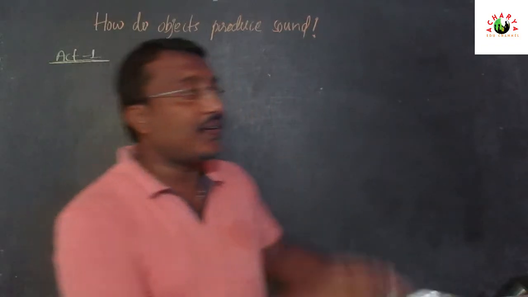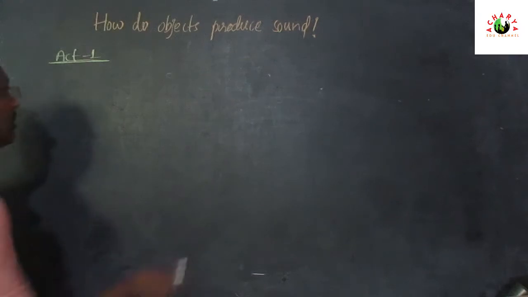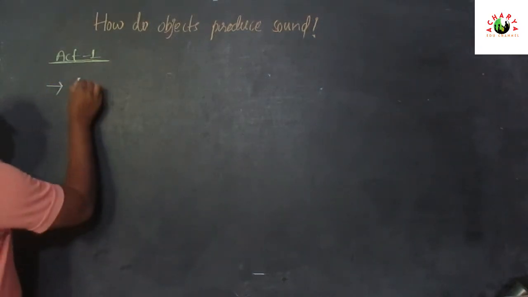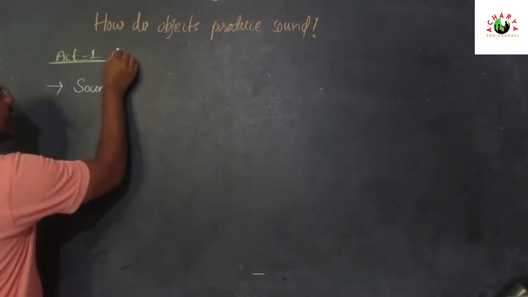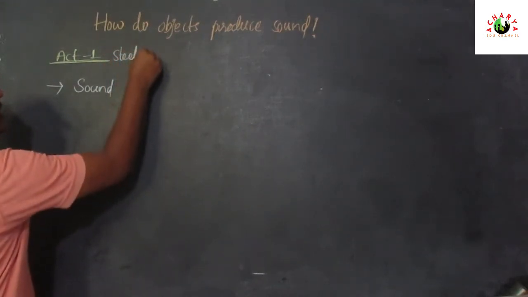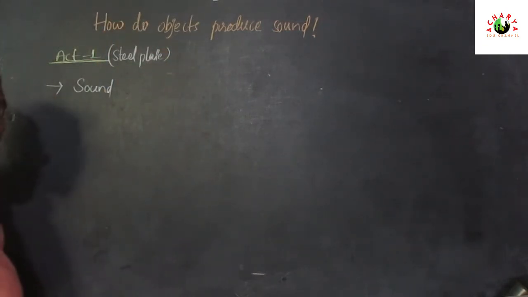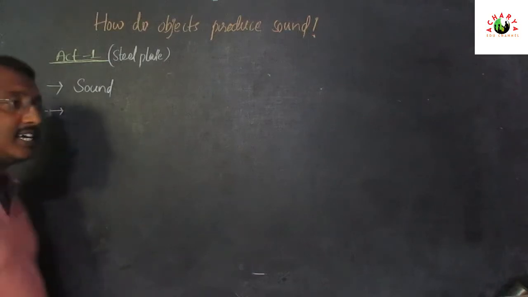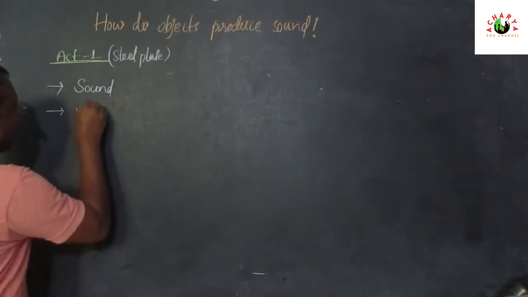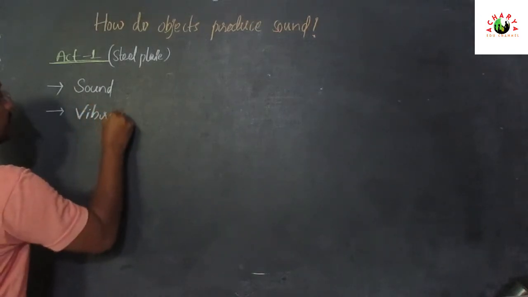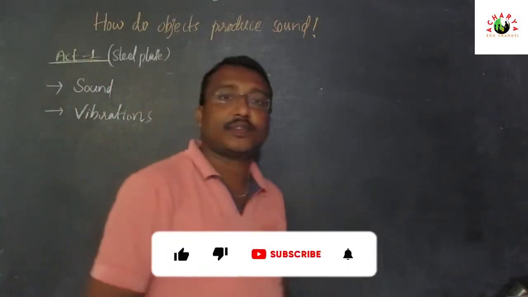Okay. So what do we find from this activity? What we observe is that first, we get a sound when we hit the steel plate. And when I touch the steel plate with my hand, I sense the vibrations.